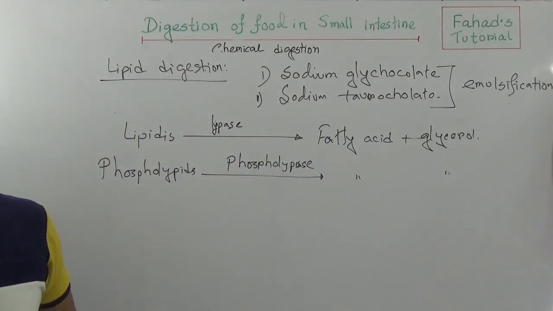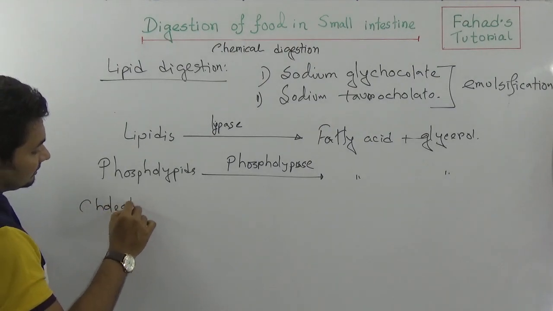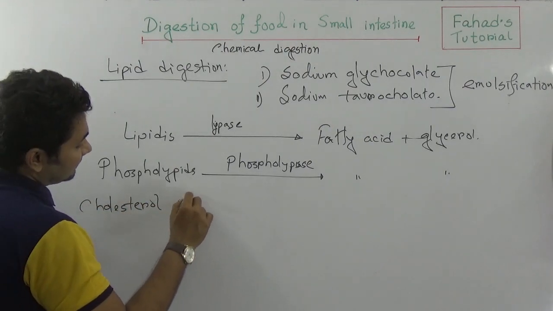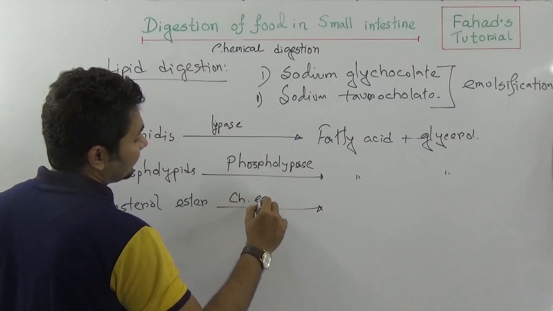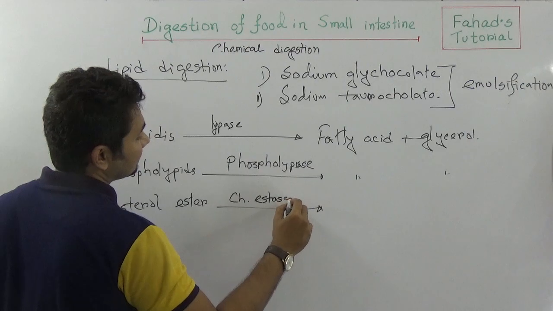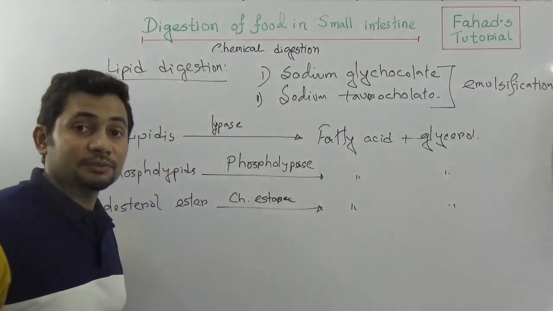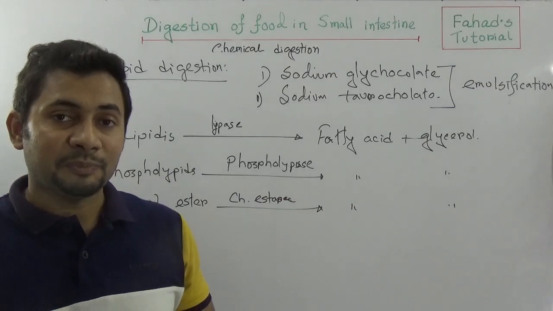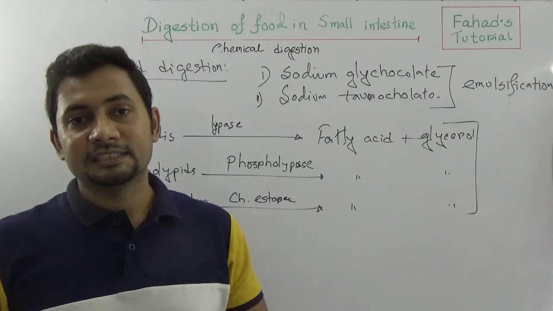In a similar way, cholesterol ester is also breaking down, cholesterol esterase will produce fatty acid and glycerol. So ultimately all the lipid particles will be breaking down and produce fatty acid and glycerol.